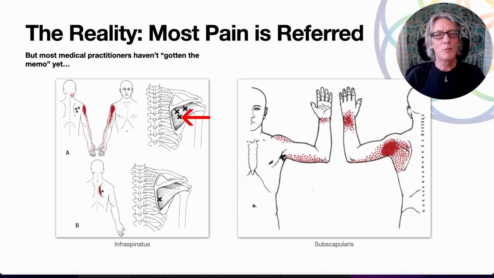So you have a problem in the muscle here, but you don't feel it here. You feel it in the front of the shoulder going down the bicep. So this is the most common cause of anterior shoulder pain, is trigger points in the infraspinatus muscle.